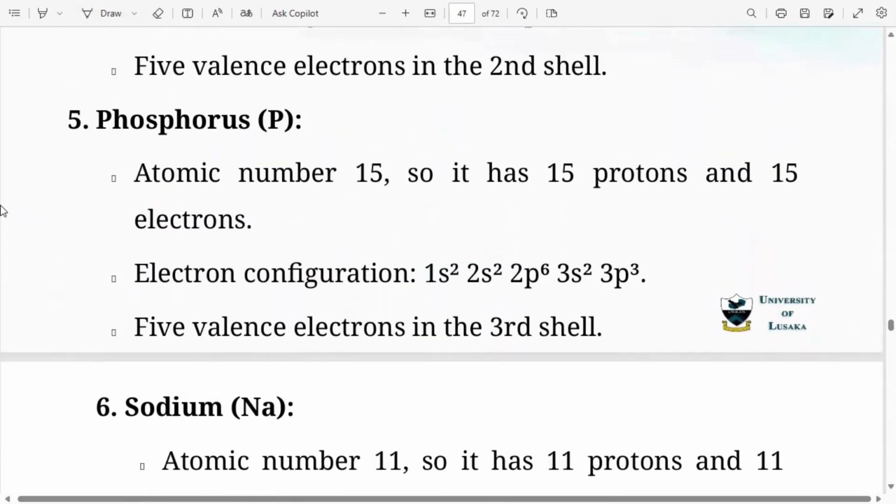For example, phosphorus has the 1s orbital, then in the second energy level you have the 2s subshell and the 2p subshell. In the third energy level, you're going to have the 3s subshell and the 3p subshell, and those will be able to accommodate all the electrons found in the atom of phosphorus.